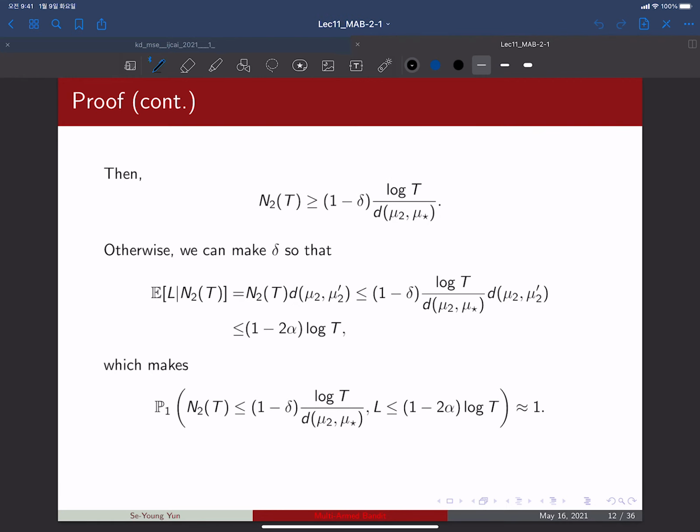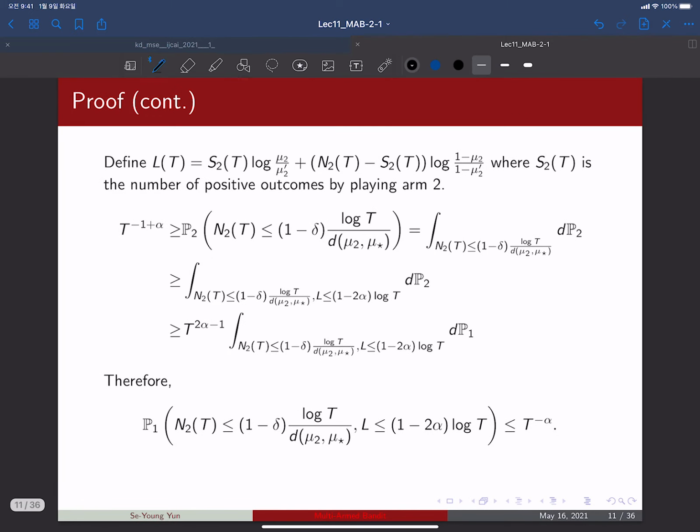So now let's conclude the proof. Let's assume n to t is strictly greater than 1 minus delta log t over the KL divergence between mu2 and mu star. And I will show this is true under the condition that the previous probability is close to 0.